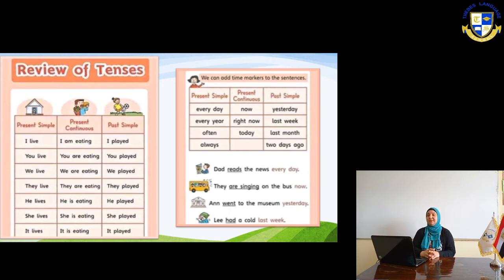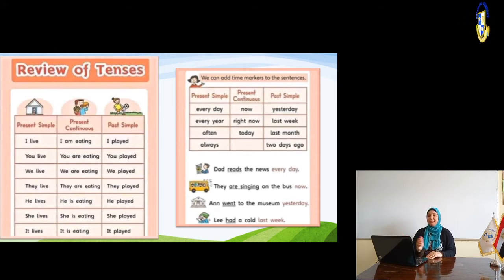Also for the present continuous, the time expressions are now, right now, at the moment, or today. For the past simple, of course you know yesterday, last week, last month, last year, last vacation, 2 days ago. So yesterday, last, and ago are very important keywords for the past.